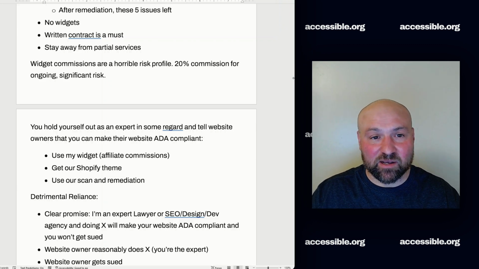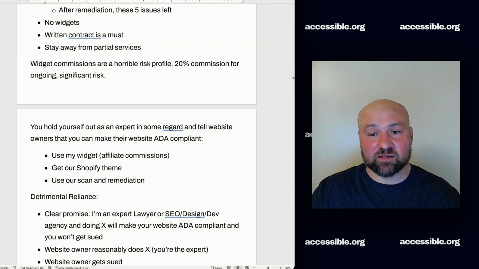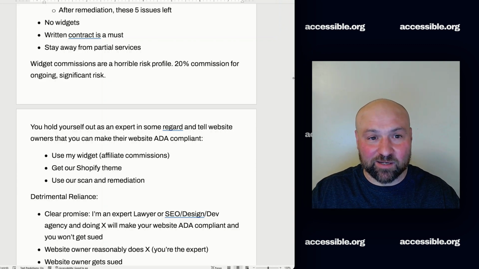Best practice for ADA compliance is to make your digital asset WCAG 2.1 AA conformant and publish an accessibility statement. That's not going to be the case with these different things. So you want to make sure you're aligned with best practices for ADA compliance.